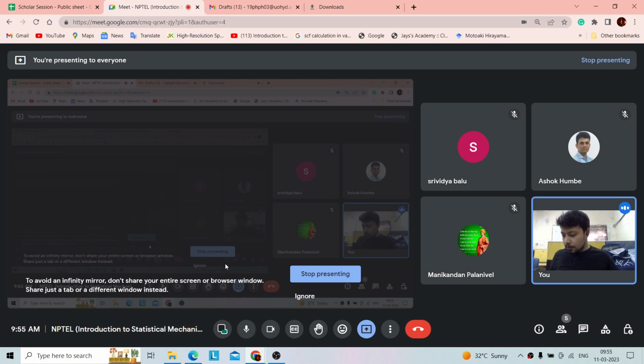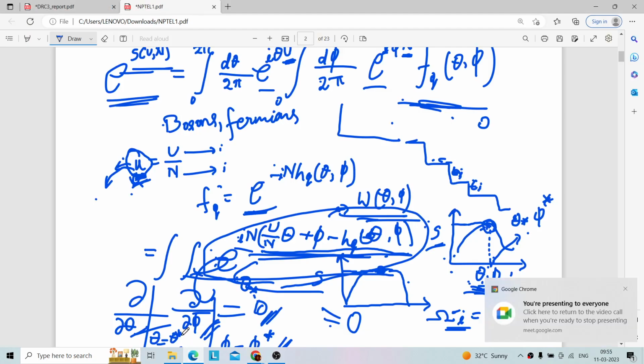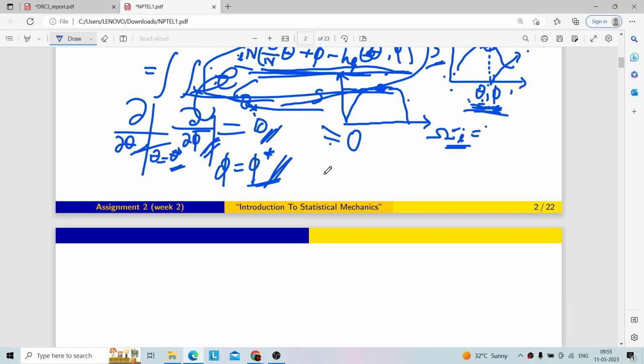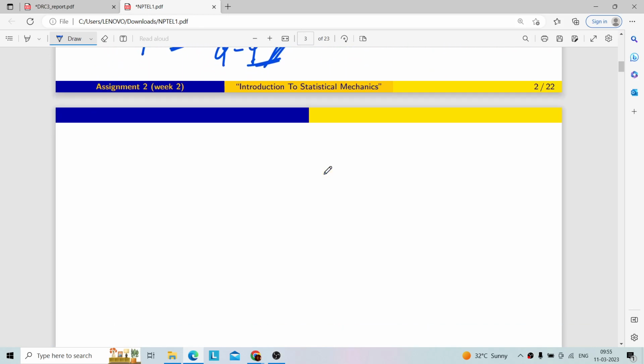You have to find phi star and theta star. Have any of you tried? So I assume no. That's why I'm showing you the derivation for that. That homework you have been given, I'm doing that. Okay.